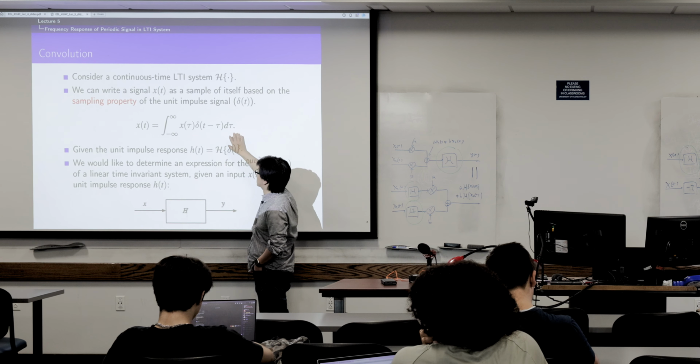We start from here, and we assume h(t) is the unit impulse response, which is the output of a system when the input is a delta signal. Now let's see how we can compute the output of a system. As we said, we assume the system is LTI, so this means that the system is time invariant.